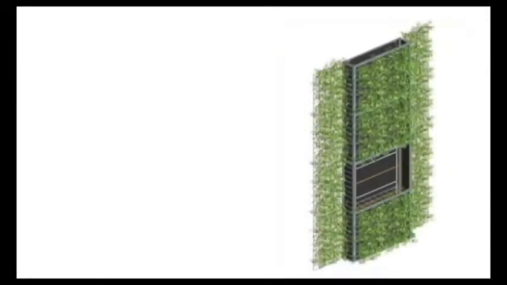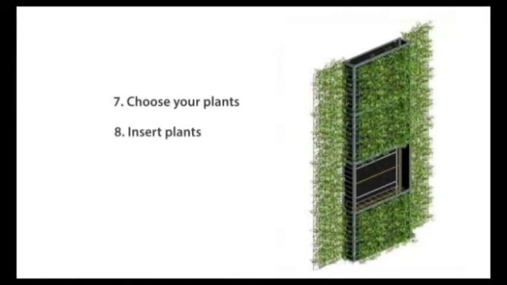The seventh step is to choose your plants. As with any gardening, take into account sun, shade, humidity, wind, and cold when choosing plants that you're going to leave outside all year. The eighth step is to insert plants. To insert plants into the outer layer of the fabric, use a razor blade to make a horizontal cut in the material. Get as much soil off the plant's root ball as possible and insert it into the cut.